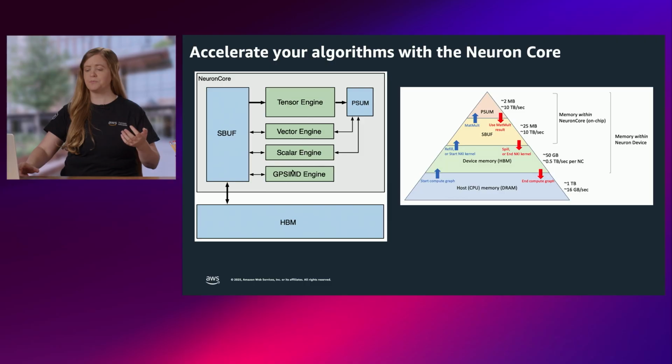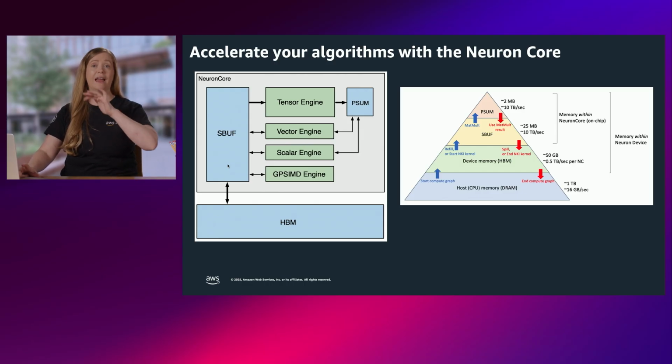PSUM is similar to SBUF in terms of its ability to move data, but it's different in size. PSUM is designed to be much smaller so that it's simply storing the residuals. So in your kernel, your first step is defining your tensors, and then you move your tensors from HBM to SBUF.